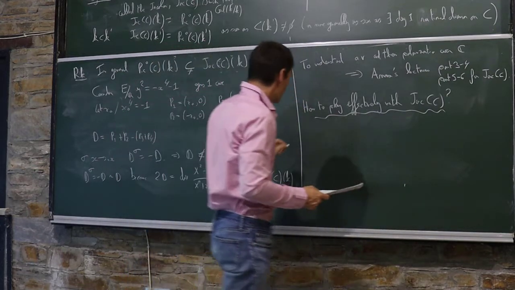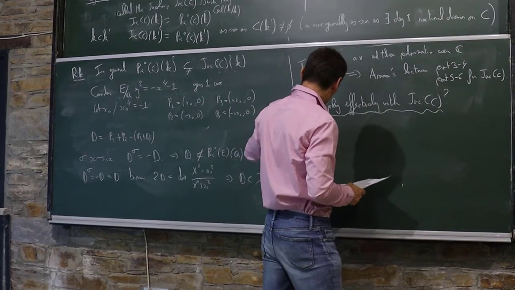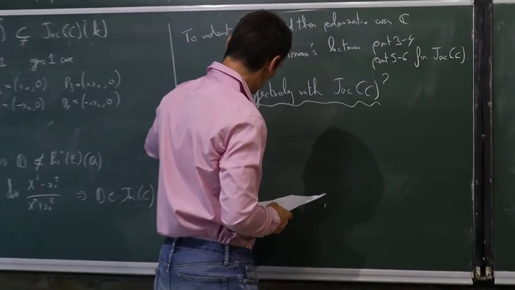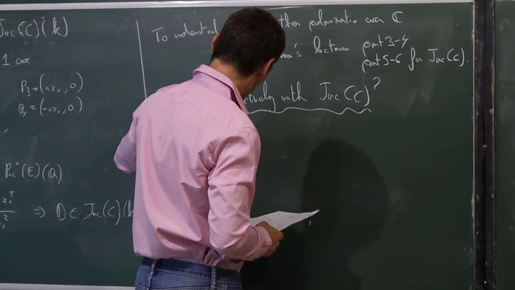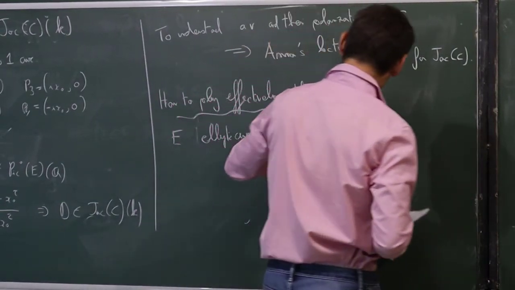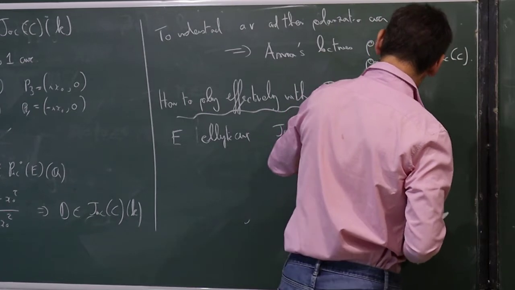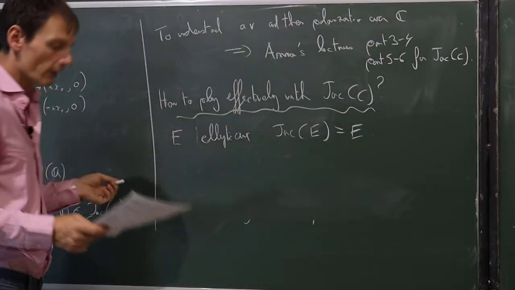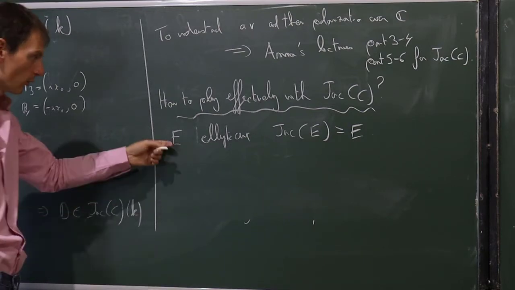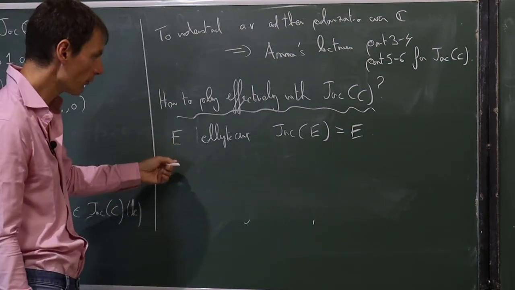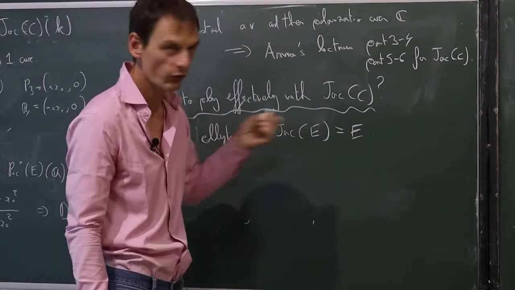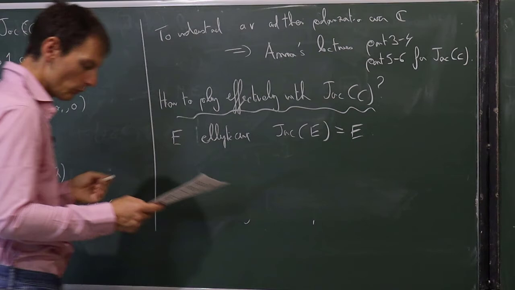First, when you have an elliptic curve, then the Jacobian of E is the same as E. And you have already seen also in one of the first lectures of Anna that there is a group law on the elliptic curve. So adding points inside the Jacobian of E is the same as adding points on E, and we know how to do it.